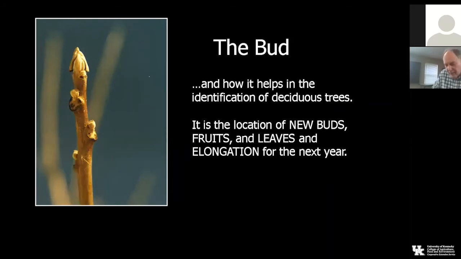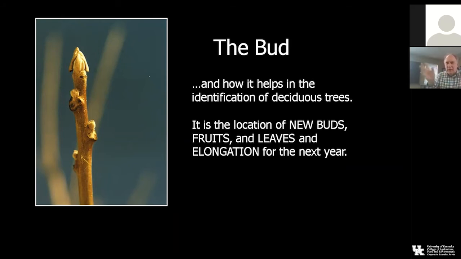There's only about 2 weeks in Kentucky that you really don't want to go out and identify trees, for the simple reason that the buds have started to elongate, but the leaves have not given enough of their characteristic. And that's usually late April, first week of May, when you're going to have those buds breaking open.